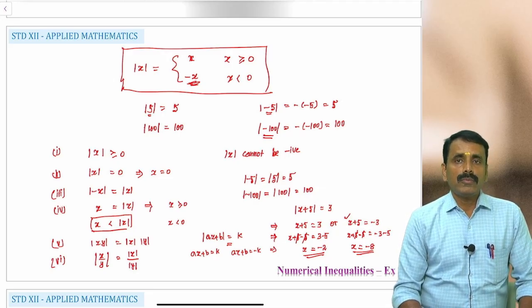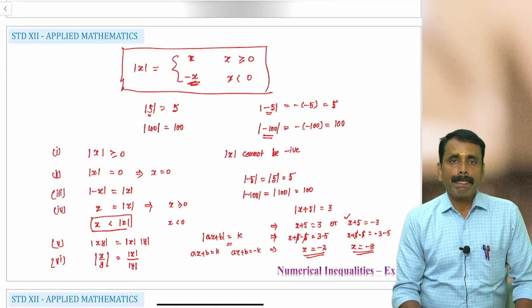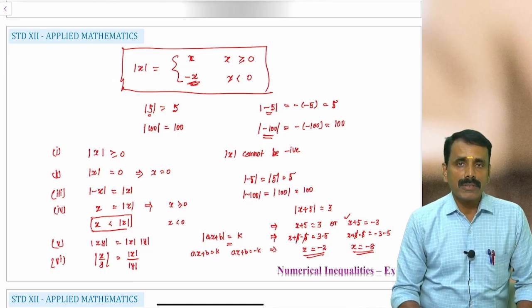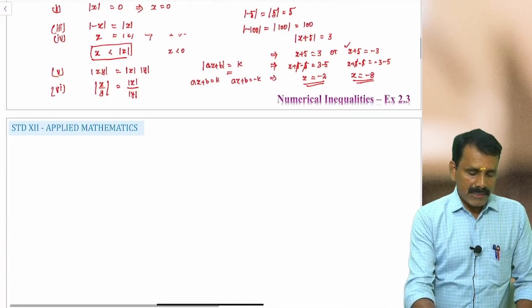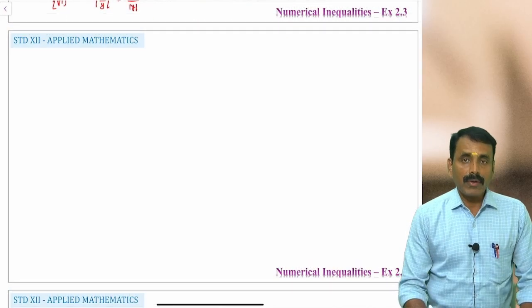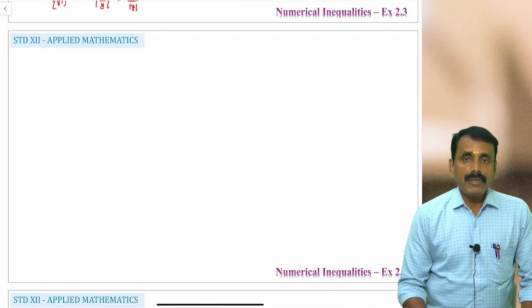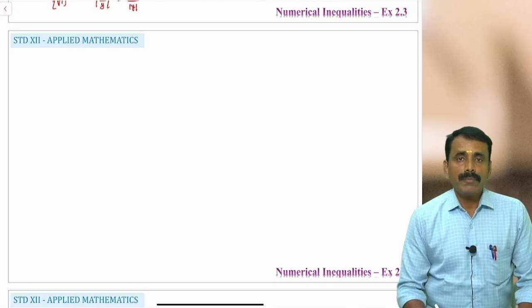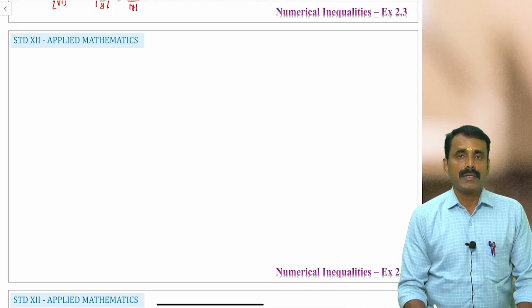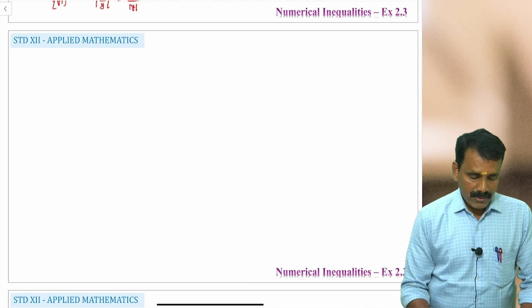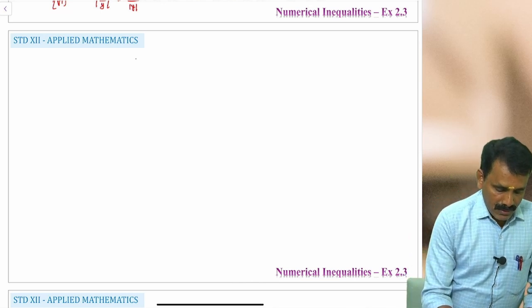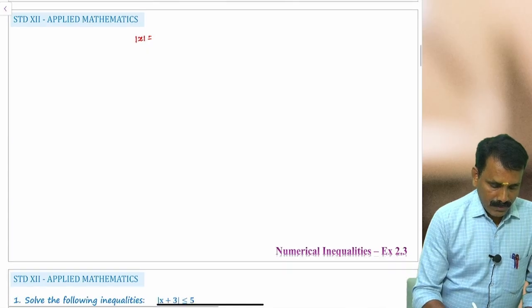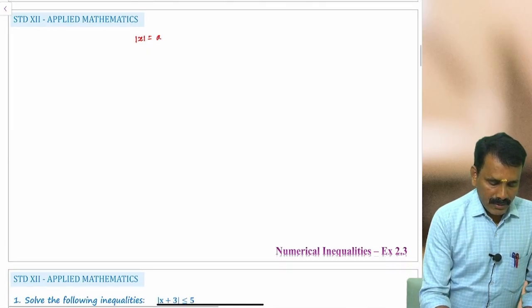Now we move on to solving the inequality involving modulus. Now we will discuss solving inequalities involving modulus. Mod x is equal to a, which implies x will be equal to plus or minus a.